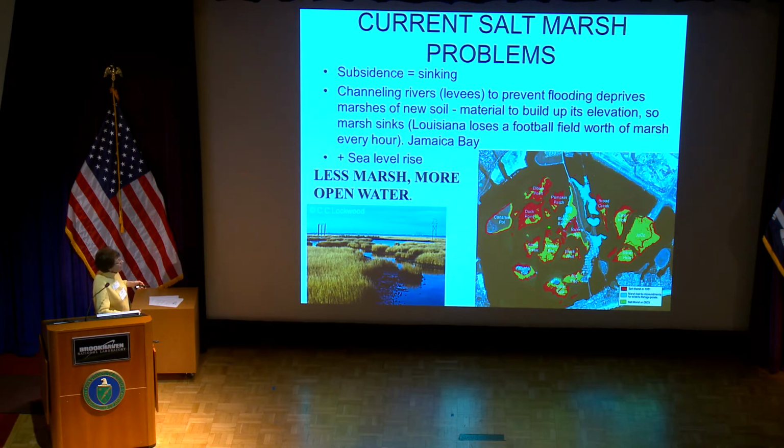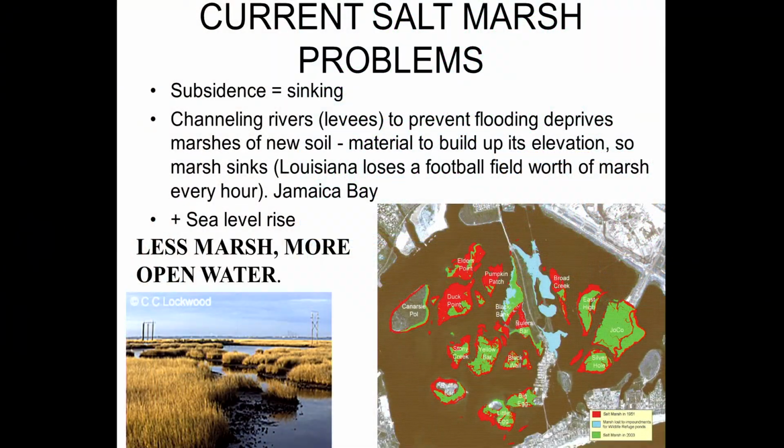So what has happened is that these marshes are sinking, and what you see is a solid marsh turns into something looking like this, you know, clumps. And then as you get more sinking, more of these clumps sink, and it turns into open water. So the end result of this is less marsh and more open water. Now, with Jamaica Bay, the problem is not only that the islands were sinking, but that the sea level was rising as well.